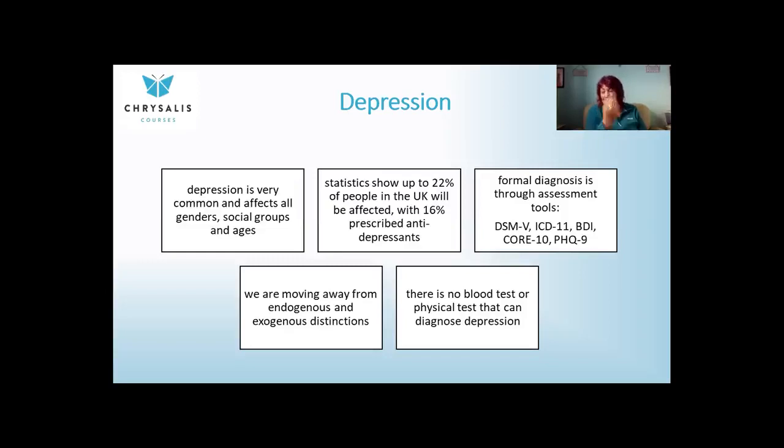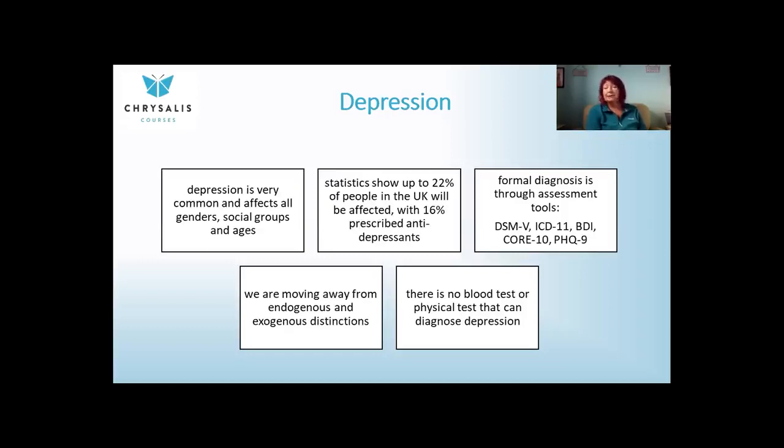So mental health practitioners use the DSM, the Diagnostic Manual of Mental Health Disorders, and it uses that to diagnose. So that lists various symptoms that apply to different types of depression, as well as all the other mental health illnesses.